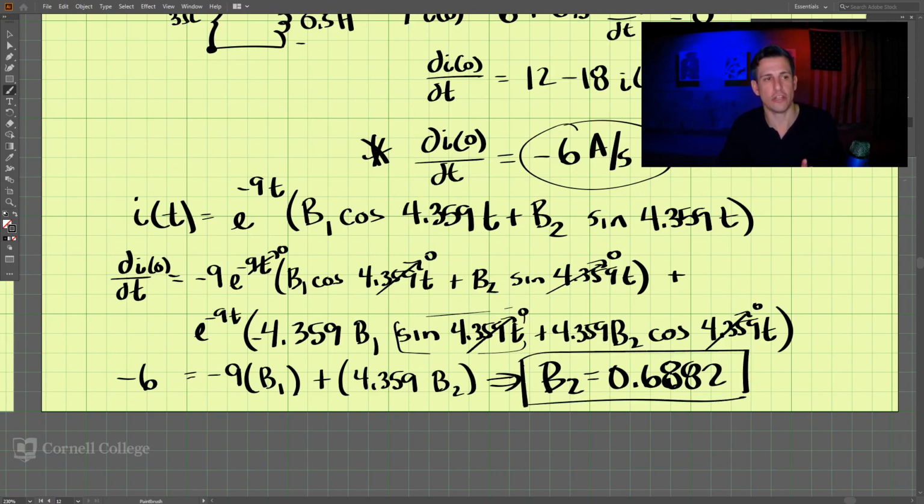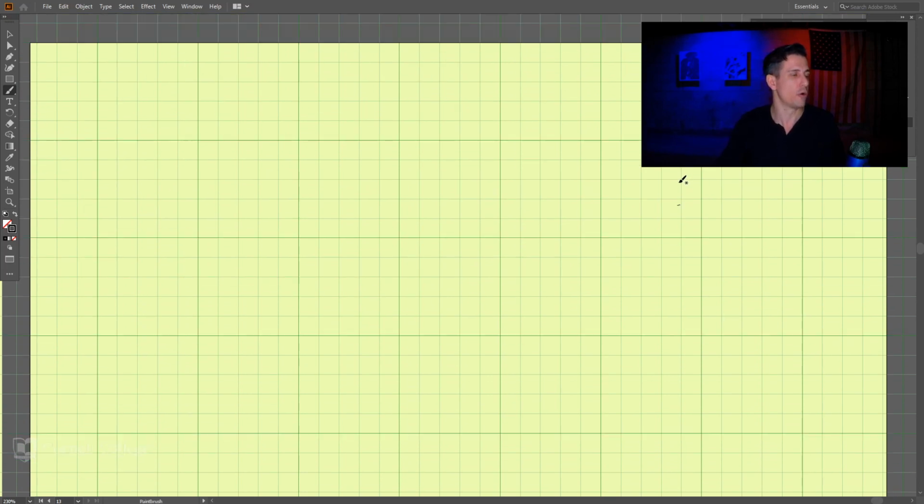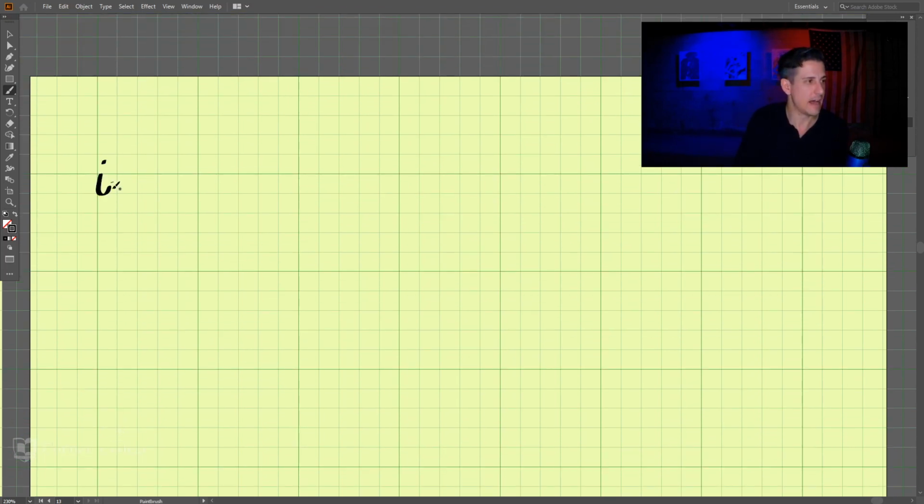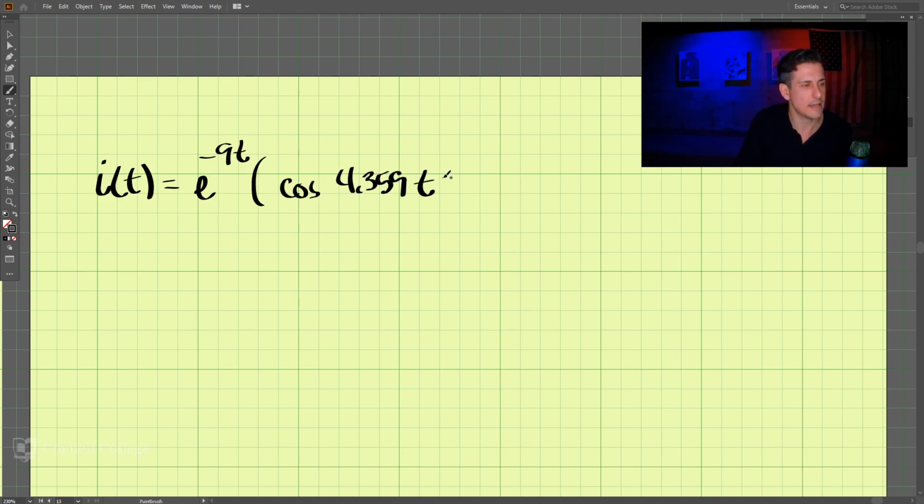So we can write the total equation for the current. The total equation of the current here is I of t equals e to the negative 9t times cosine 4.359 t plus 0.6882 cosine of 4.359 t.